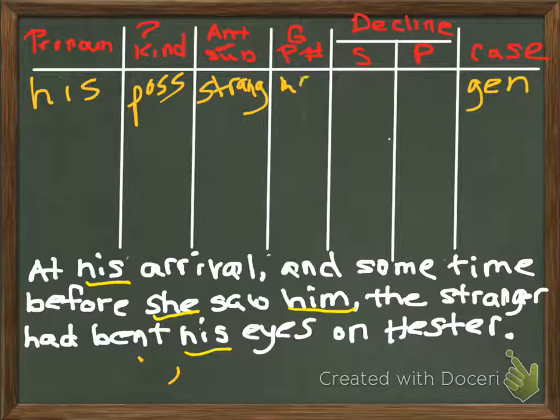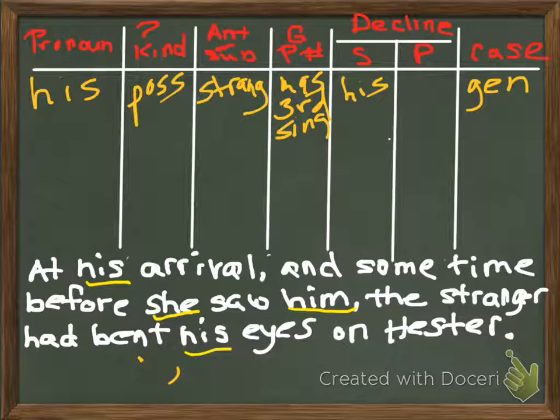Gender then is masculine. Person, it's who we're talking about, third. And number, we're only talking about one, singular. Okay? So our declensions for the genitive case in third person is what? Obviously, in singular, it's his.